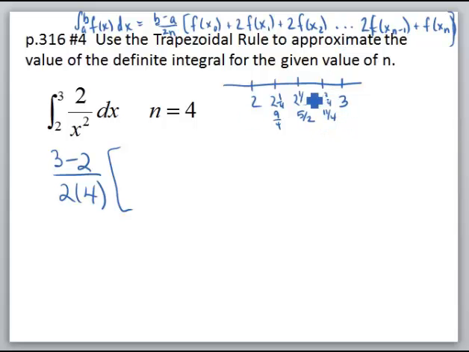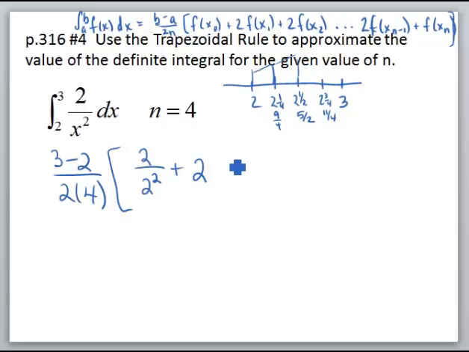So what I'll be then doing is plugging in each of those values. So I have 2 over, my first value here is a 2. So I'll be plugging in 2 into the x. So there's my f of x sub 0, plus I need to put a 2 out in front because I actually have 2 of these. When I create my trapezoids, I'd have 2 of those sides right here.